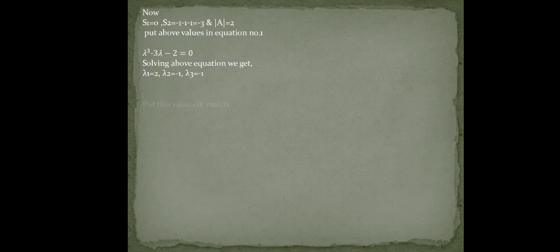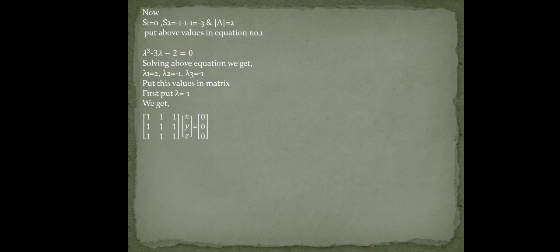Then we find the determinant of A, which equals 2, and we put these values in equation number 1, that is the matrix equation, and we get the values of lambda: 2, minus 1 and minus 1. So put the value of lambda 2 equals minus 1 in the characteristic equation.